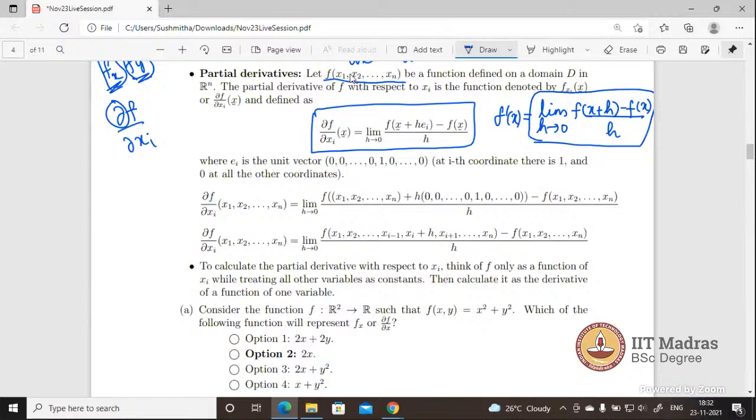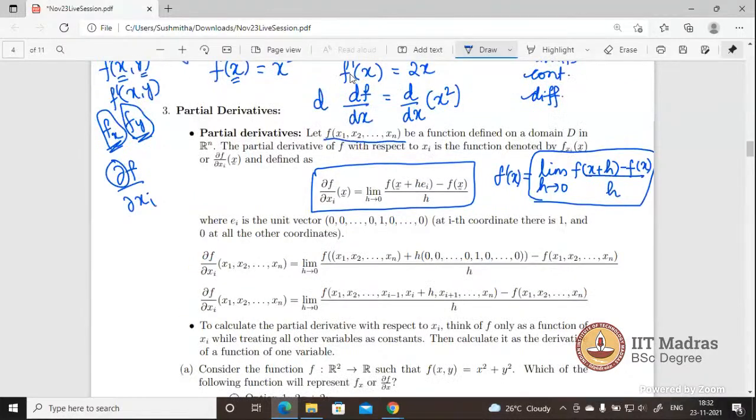It depends on the domain and codomain of this function. If it is R2 to R, then I'm going to get a scalar as output. If it's R2 to R2, then I'll get a vector. But the instantaneous speed that you're looking at, in the partial derivative case, suppose you have R2, this is x, this is y.